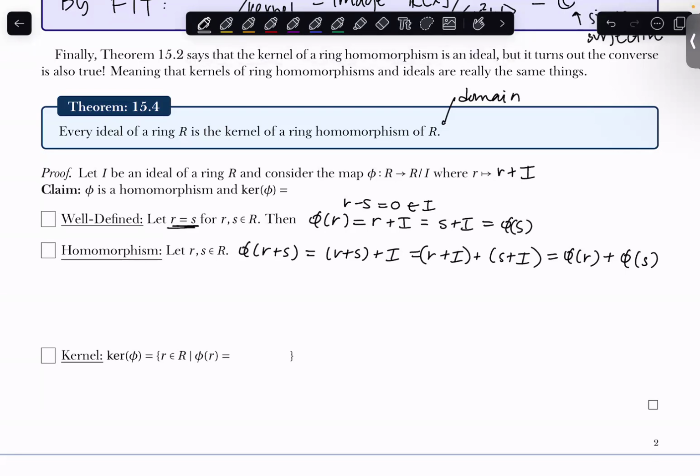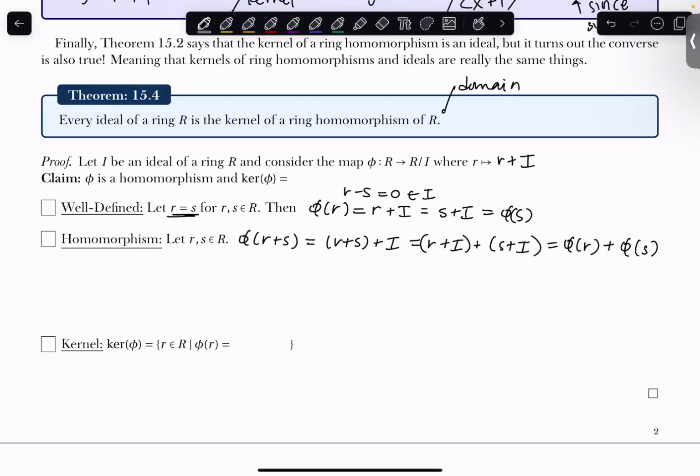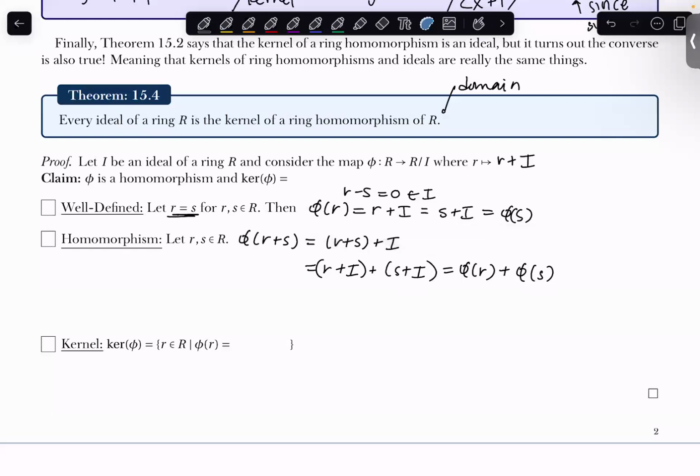Okay, and now we want to show multiplication, and this is going to look almost identical, except now with our multiplication, since we have a nicely defined multiplication for our cosets as well. Let me just move this down. Here, if I multiply on the inside, my math tells me take this element and send it to the coset represented by that element.